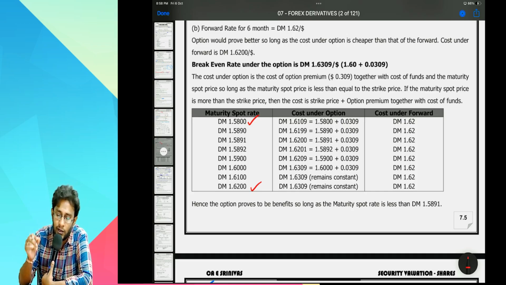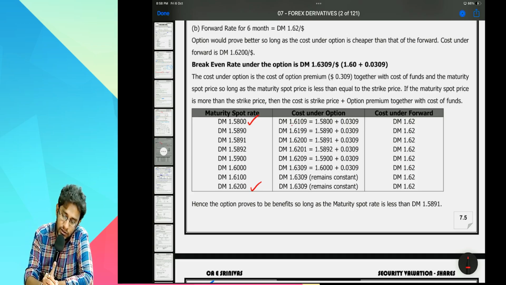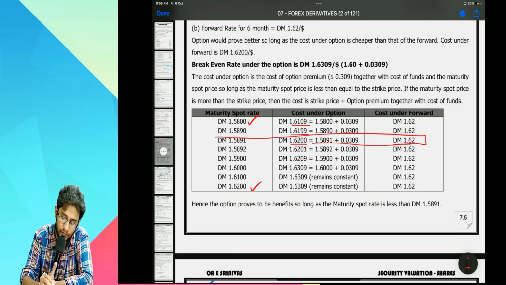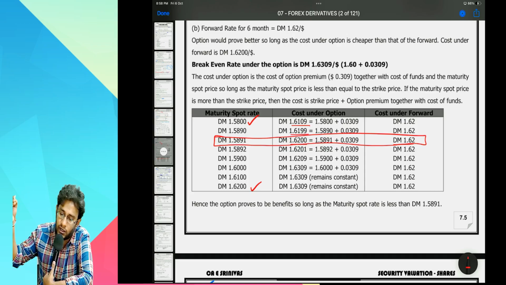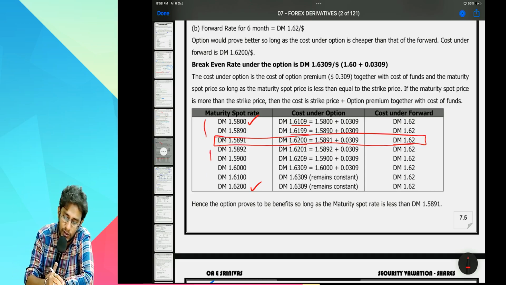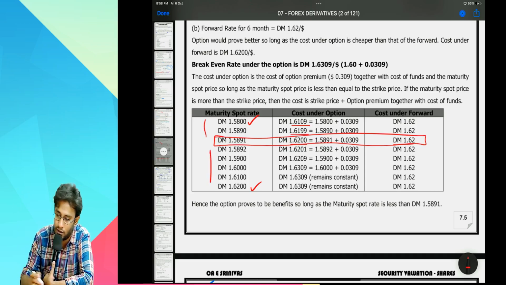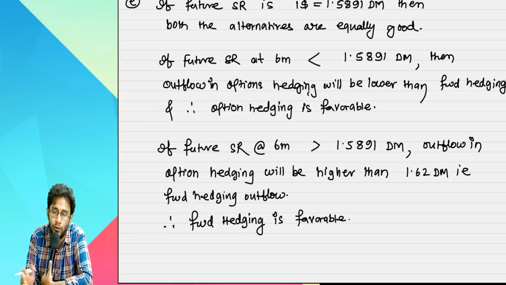Everywhere he went on adding premium. Here it became 1.61, here 1.6199, 1.62, here also 1.62. So this is the cutoff point and he identified it. He did 5 more iterations also and told below that this is better, above that this is better. Where should I start, where should I end, and how will I know, sir? It is an obviously wrong presentation.